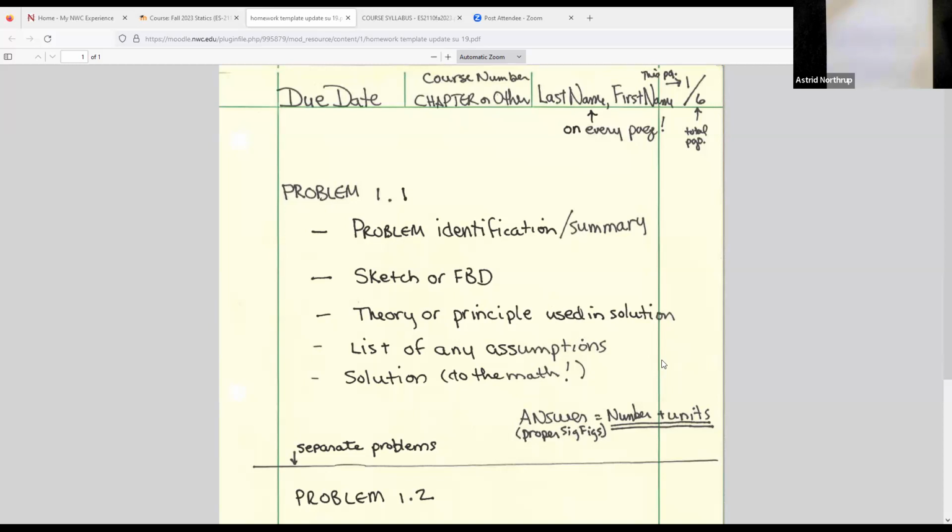I do like the stuff on the top where you put the due date, the course number, and what homework assignment it is, or something to identify what it is, your last name, your first name, and then what page this is of the total. And that page of total, especially since we're going to be handing stuff in through Moodle, is not as huge of a deal. But if you misplace or if I can't read a page, I can identify it immediately.